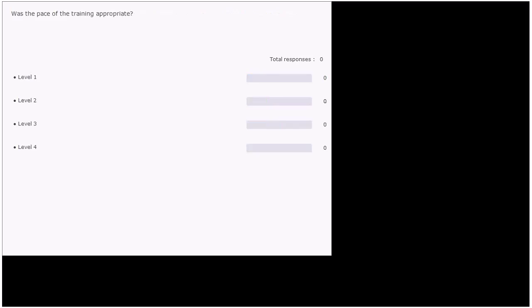Okay, next question. Was the pace of the training appropriate? What kind of inquiry? Level 1, 2, 3, or 4? Okay, 80% plus said level 1. Why do you say level 1?